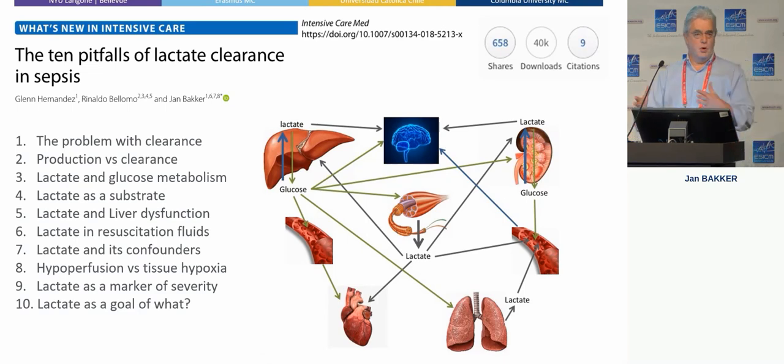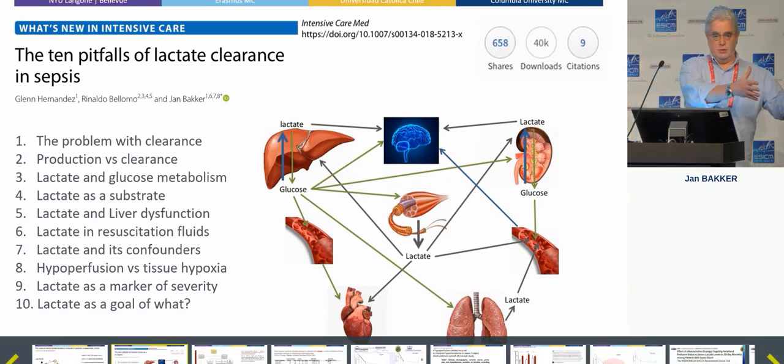Now, normally we say we measure one lactate, we measure a second lactate, and the difference is clearance. That's not completely correct because clearance is something different, but that's how we use it in clinical practice. You take two levels and the difference between the two we call clearance. If you look at it that way, then lactate adds much more information than only this is shock or no shock or resolvement of shock, because lactate has many different origins.